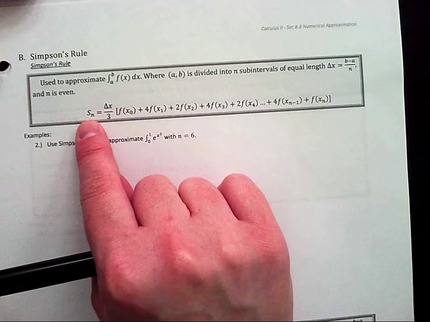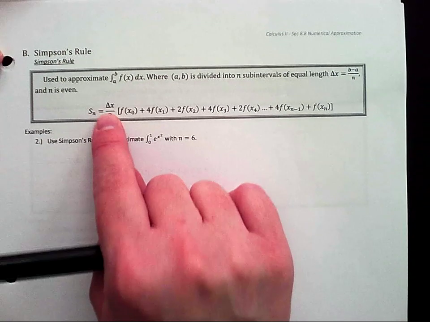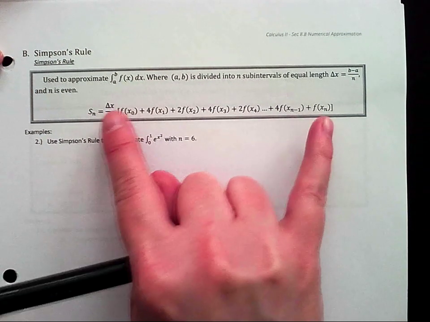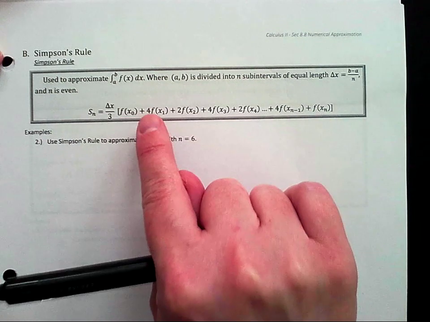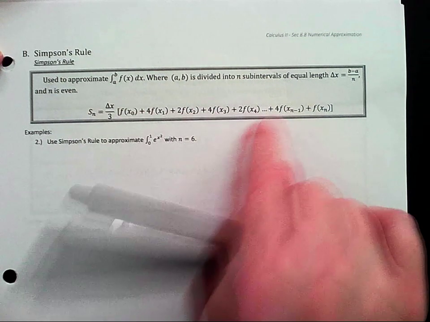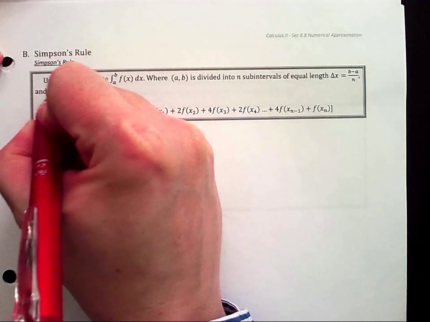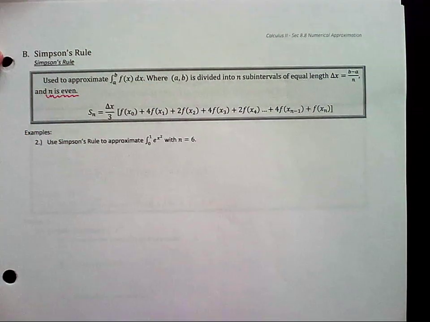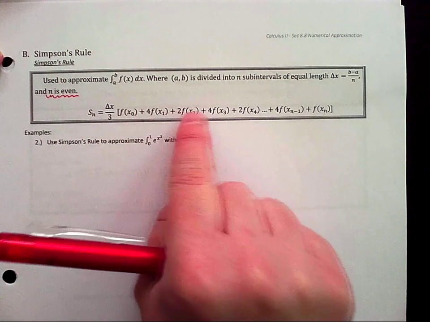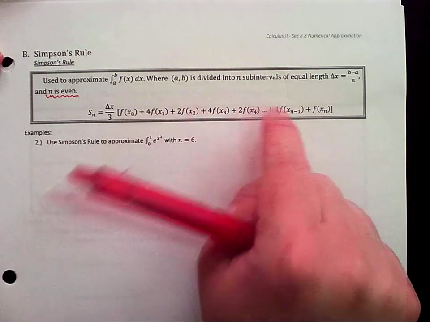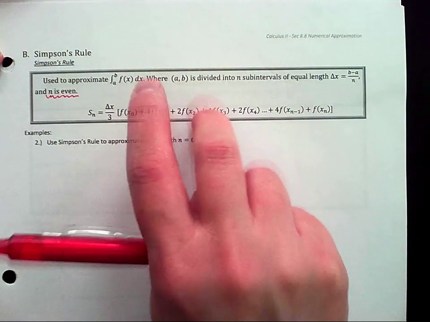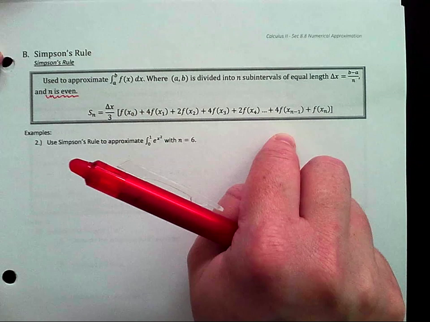And then Simpson's rule, S sub n, is delta x over 3. And then I have 1 times the endpoints, and then I alternate between 4 and 2, 4 and 2. Something important that I didn't even read, n is even. So it has to be an even number of subintervals, and that's so you can alternate. You begin and end with 4, and then alternate between 2 and 4 times the inside points. Okay?